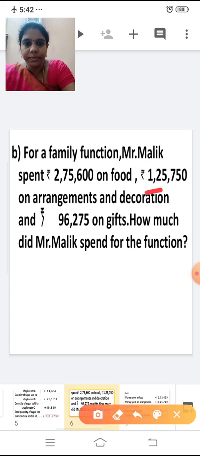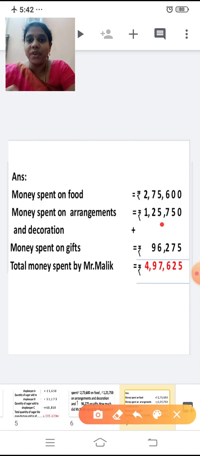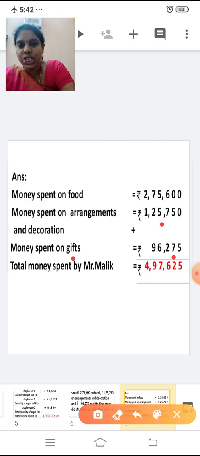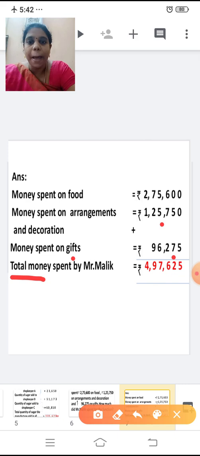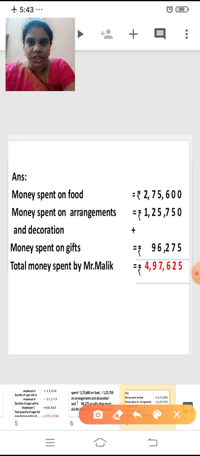Just see here. 1,25,750, right? Now, money spent on gift. How much money he spent on gift? Rupees 96,275. Now, shall we find out the total money Mr. Malik spent? Yes, total money spent by Mr. Malik. So, we're going to add these three so that we'll get the total amount, right? Shall we add these three?